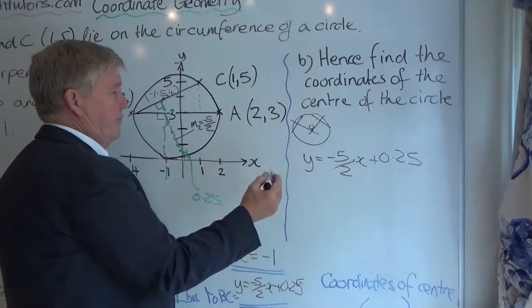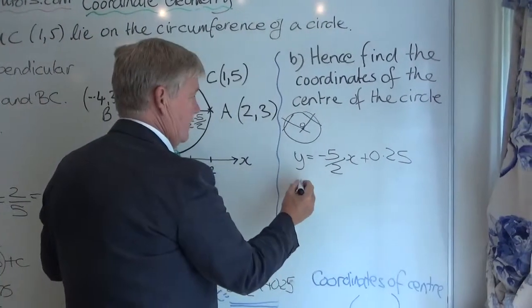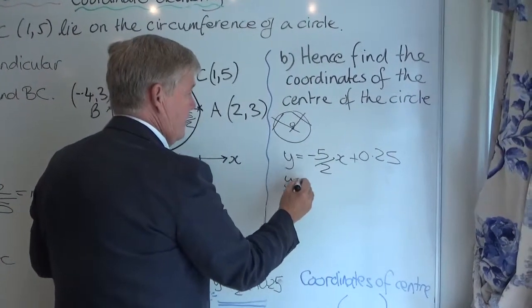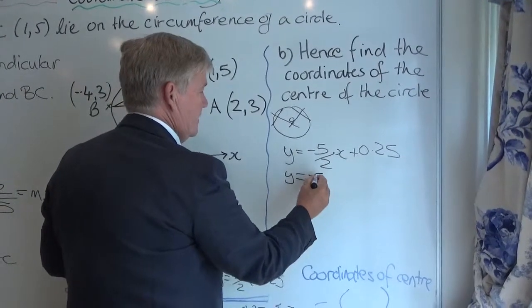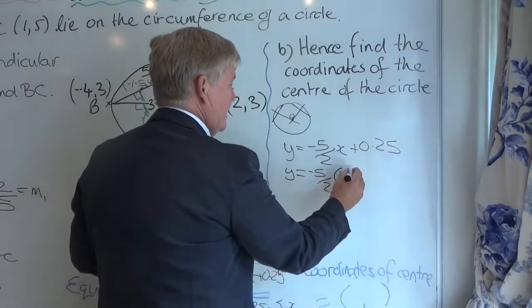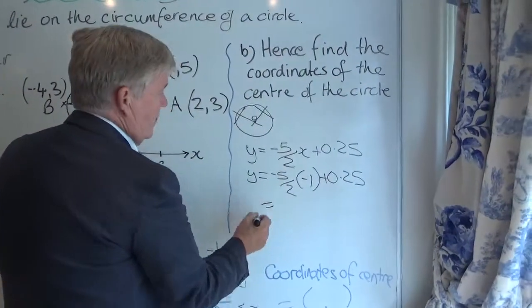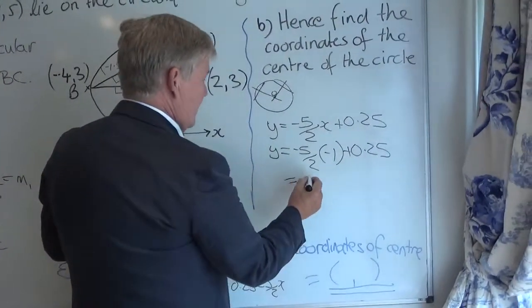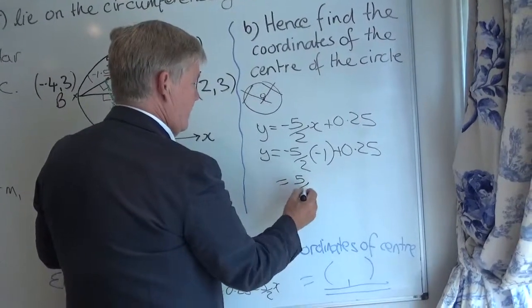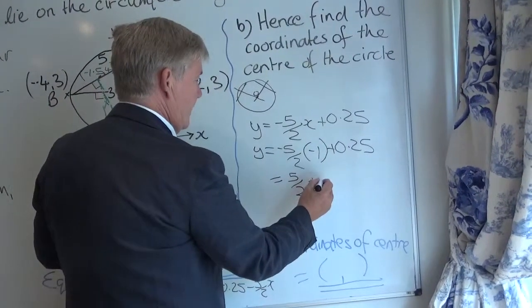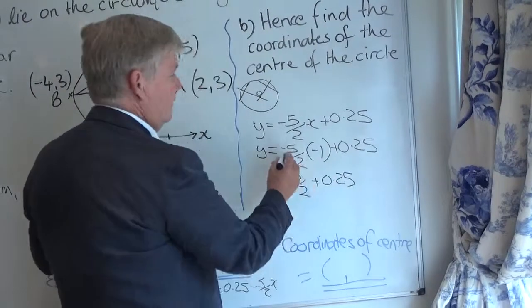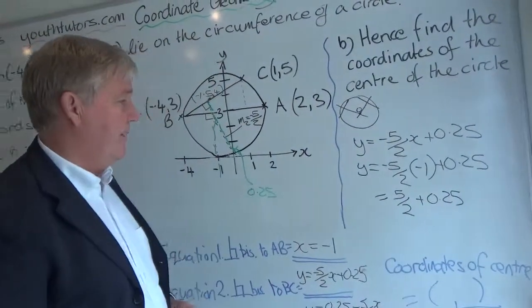So if we put in x equals -1 for this, y equals -5 over 2 times -1 plus 0.25, we will get y equals 5 over 2 plus 0.25 because they're becoming positive.